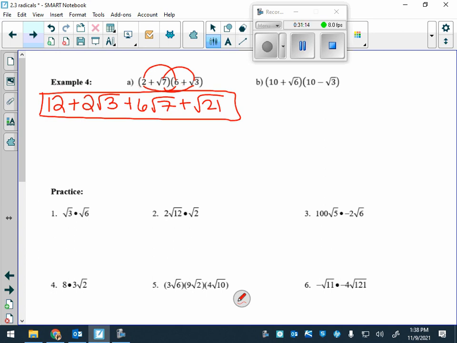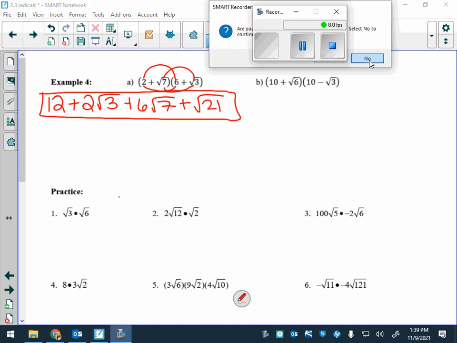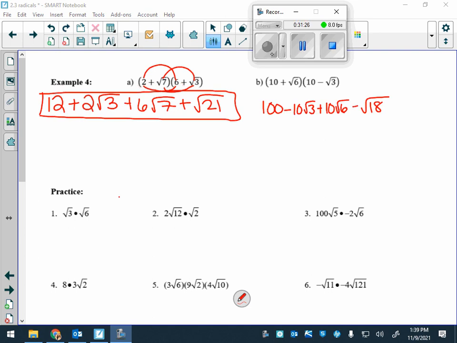So do the same thing with B. See if you could simplify anywhere as well. Okay, go through with B. How many of you got to this point? Can you simplify anywhere?